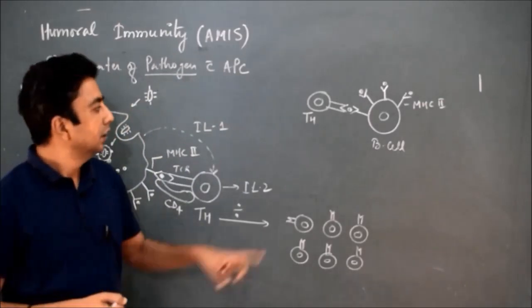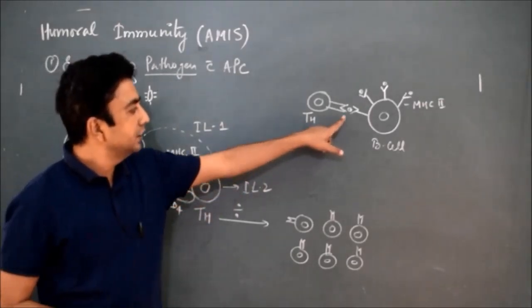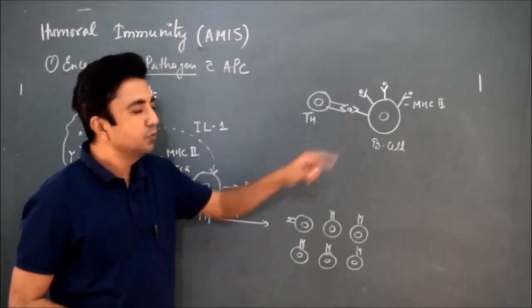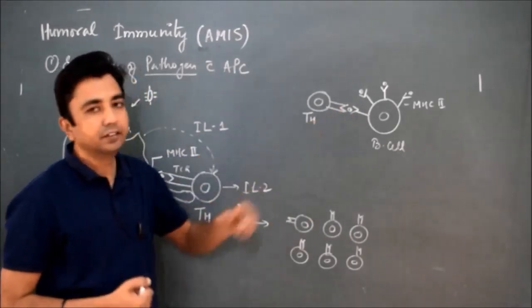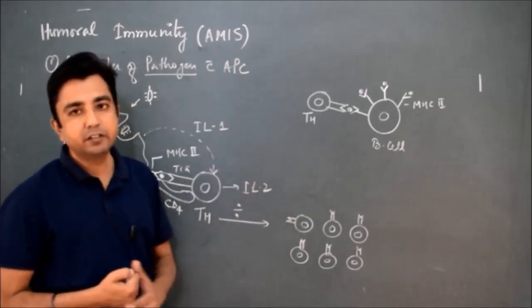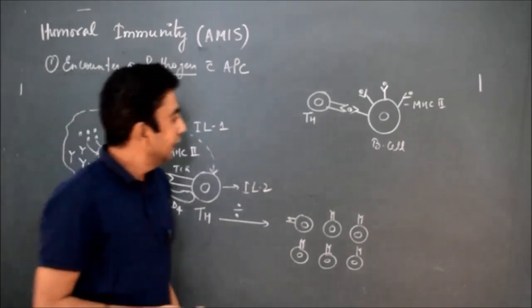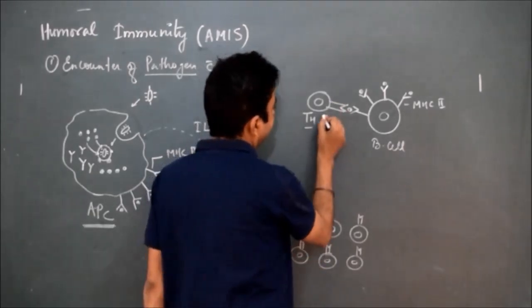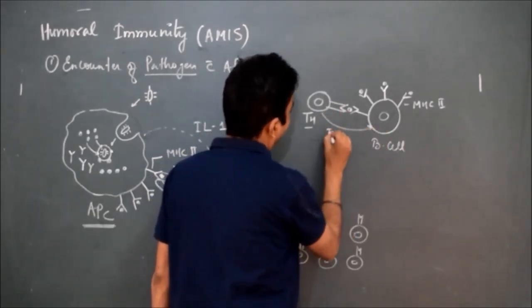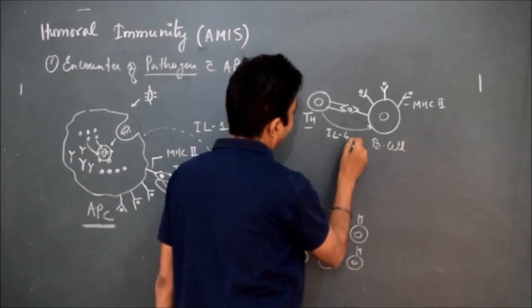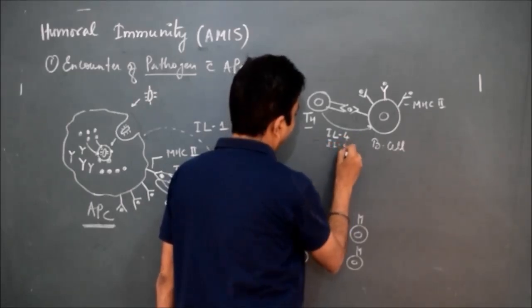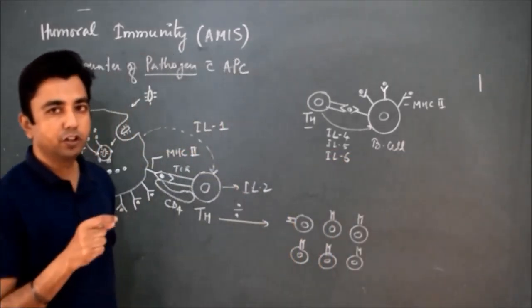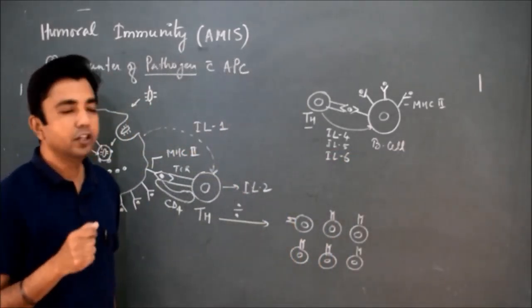When this T helper cell attaches with the MHC class 2 molecule and the antigen, it will form a complex here also, and this T helper cell will secrete IL-4, IL-5 and IL-6, interleukin 4, interleukin 5 and interleukin 6.